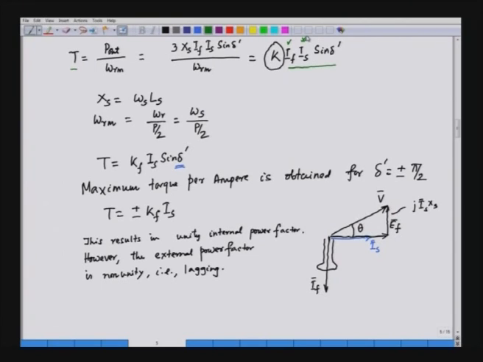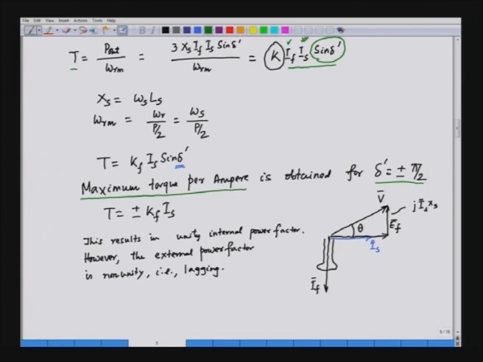Now, what is the condition for maximum torque per ampere? If we want maximum torque per ampere, we have to make delta prime equal to plus or minus pi by 2. It means sine of delta prime should be at its maximum value, plus 1 for motoring and minus 1 for braking.